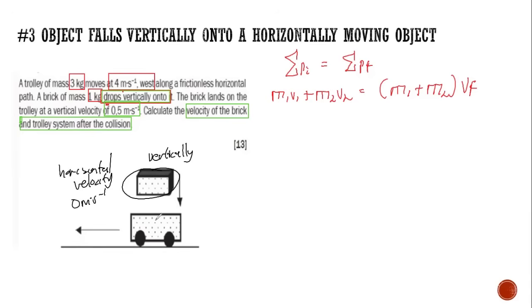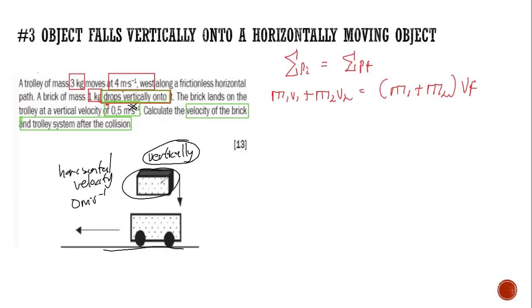Remember, when dealing with these questions, especially with an object moving horizontally, we are focused on linear momentum, which is the momentum of something moving in just one dimension. The dimension we are focused on here is the horizontal one. So if we check the vertical movement, we have to discard that velocity and only consider the horizontal velocity.